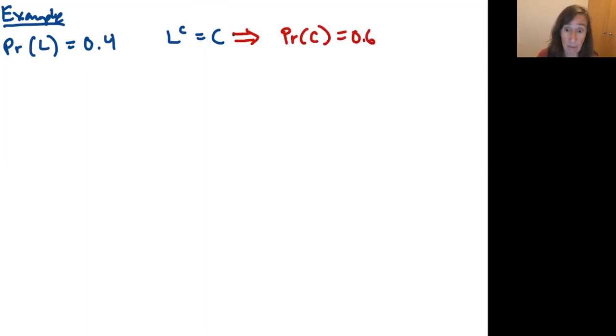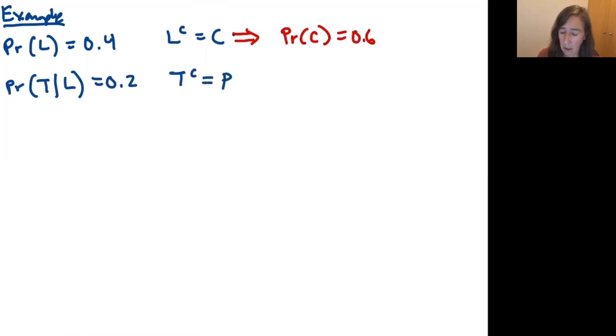Another thing that we might be told is that the probability of being socially traditional, so being conservative on the social as opposed to the economic dimension, given that you're economically liberal, is 0.2. And the complement of traditional is progressive.